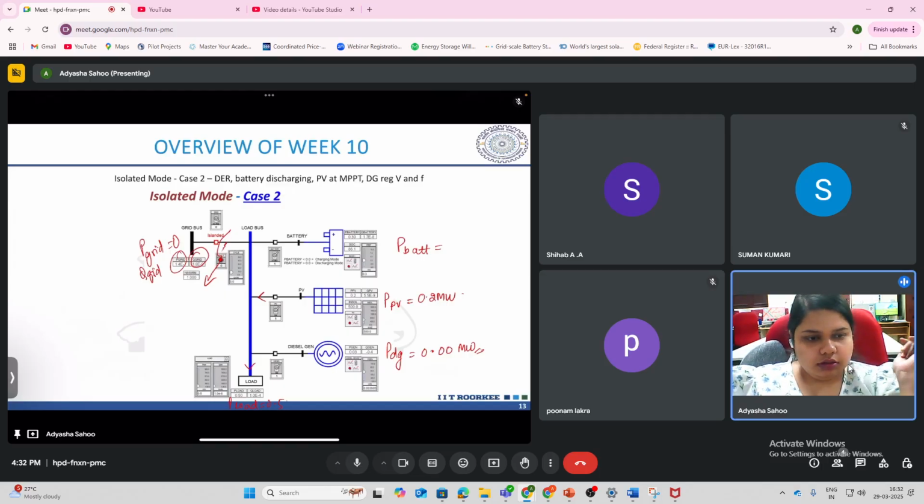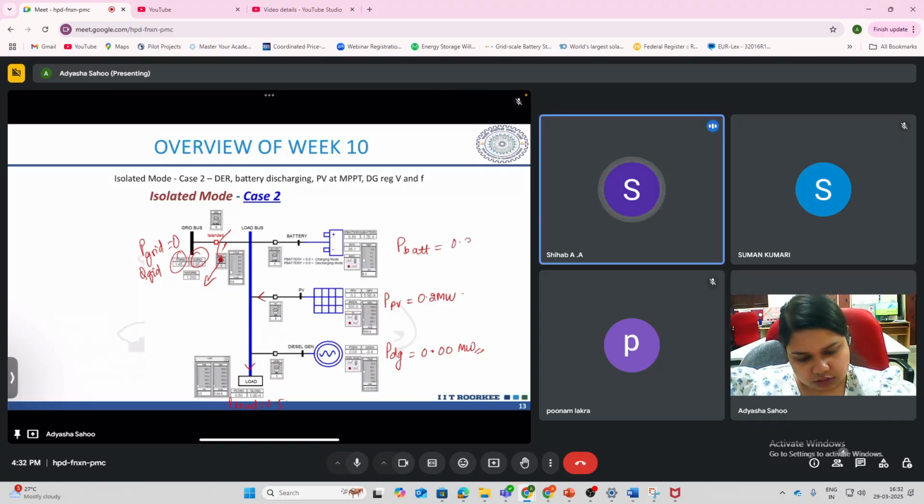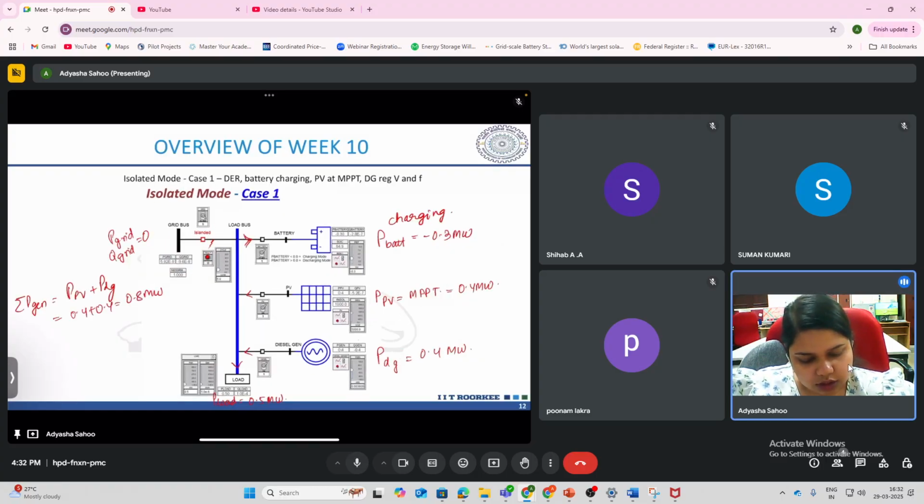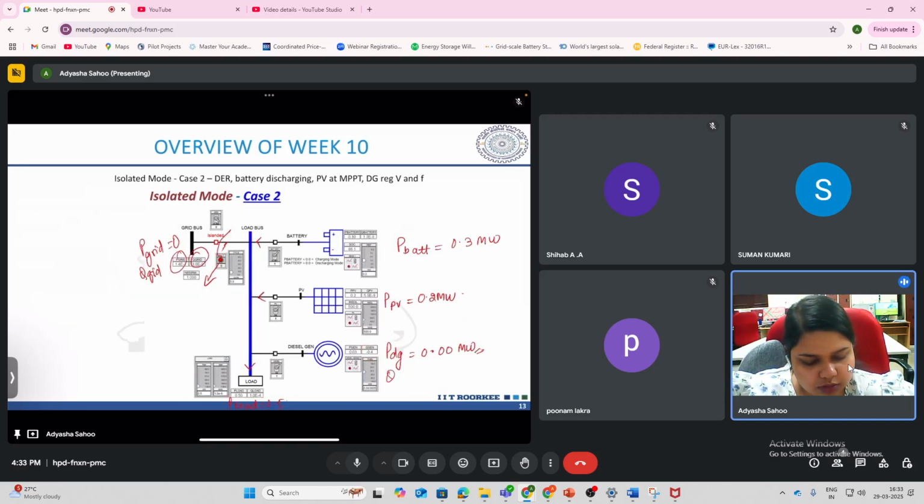What will be the case here, charging or discharging? Another thing to note here is that in the isolated mode, the Q supplied by the DG will be non-zero. You can see here QDG is minus 0.4 megawatt, because we discussed that in the islanded mode it will give both P and Q, since we do not have the grid here.